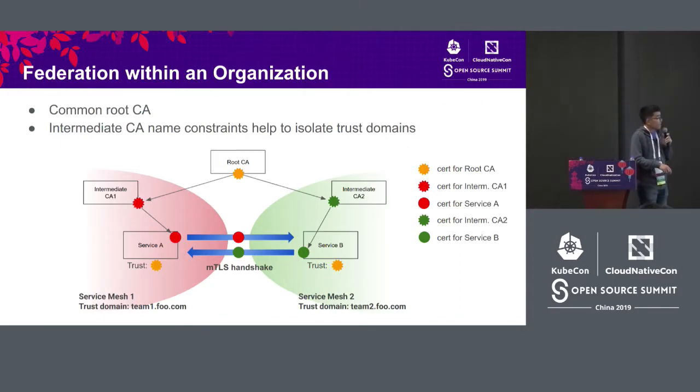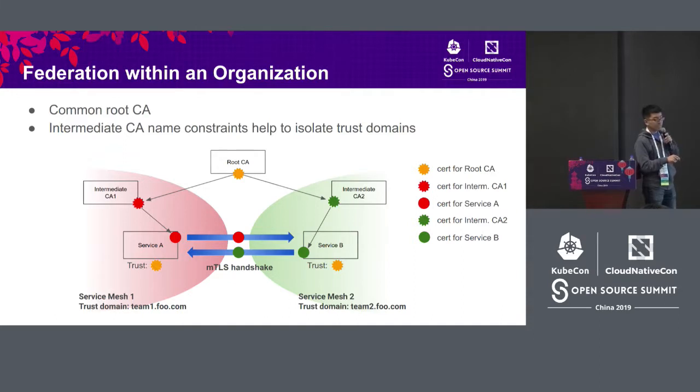In terms of the scenarios, we first talk about federation within an organization. If you have one organization that is using a common root CA, as shown in this picture, you will have multiple trust domains. Each of the trust domains will have an intermediate CA. Those intermediate CAs are using the certificates issued by the root CA.